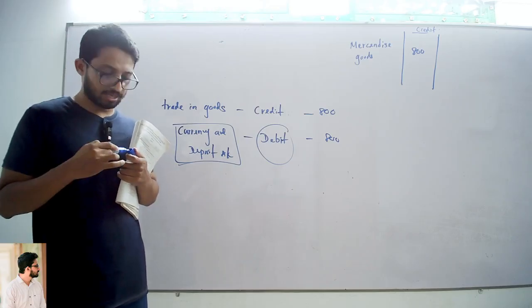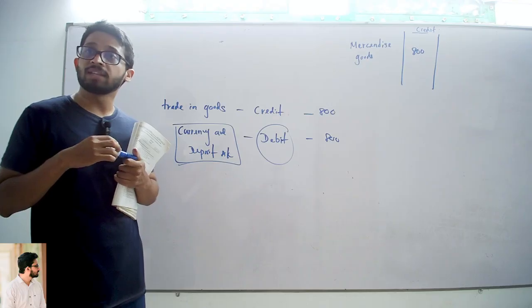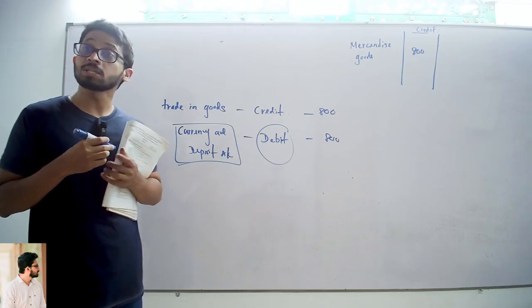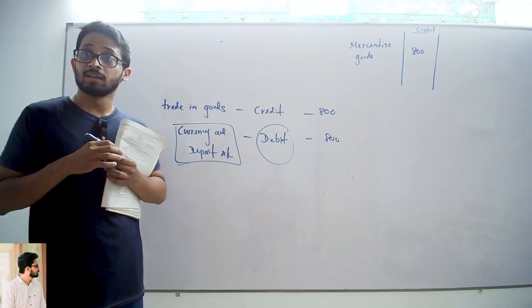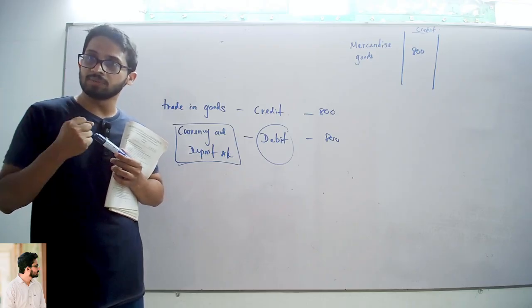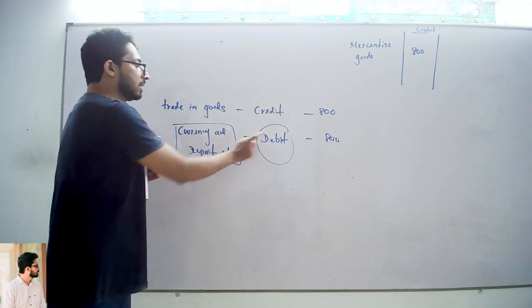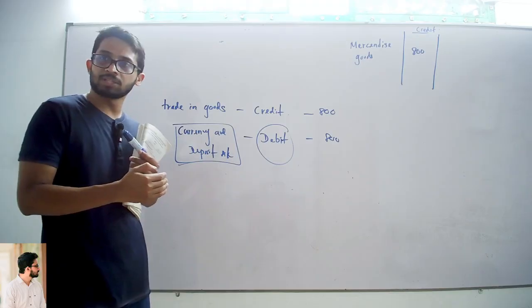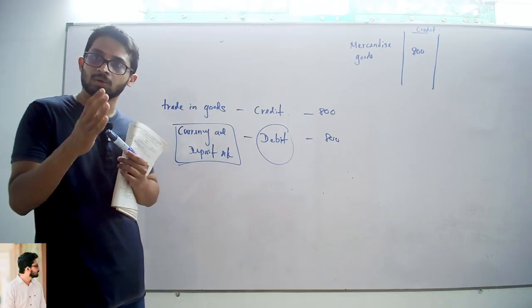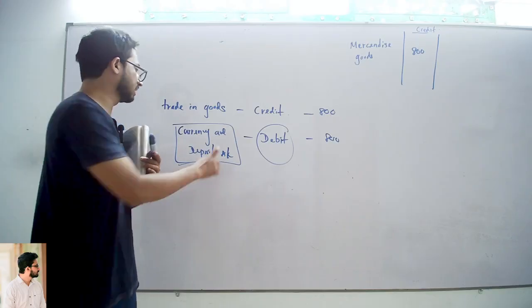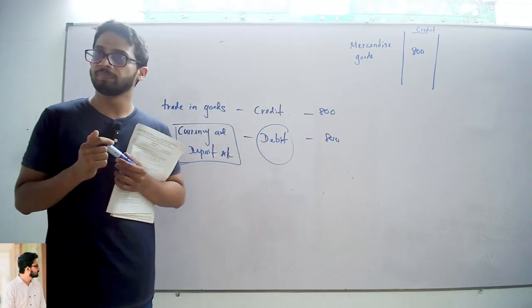My next question: we record a transaction as a debit in the currency and deposit account when there is a cash receipt. Can you remember that? If we receive cash, our level of cash increases, so currency and deposit account is debit. The hidden entry of this transaction is currency and deposit account debit.